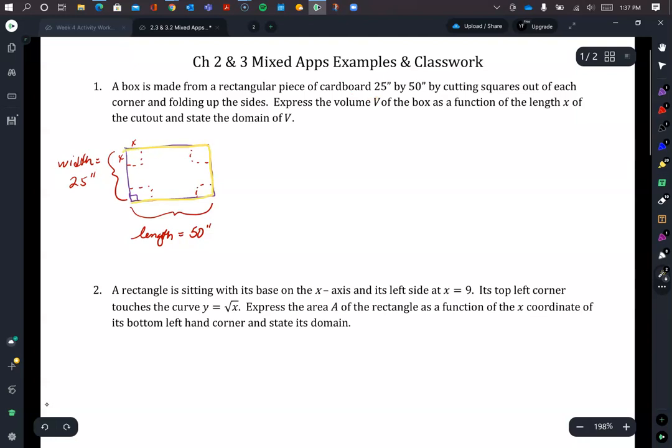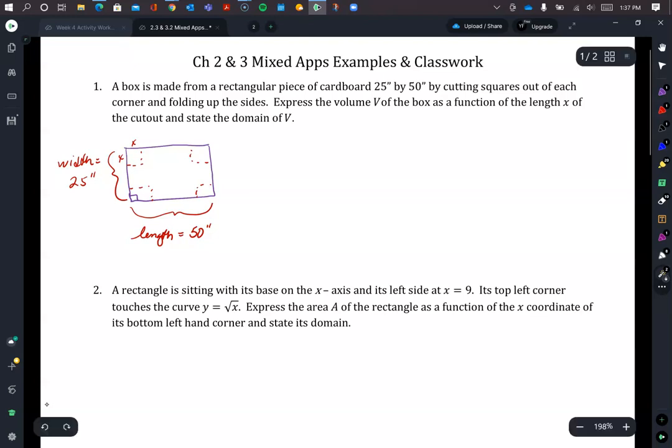Originally, here's my rectangular layout. And then we're going to take a little bit of each corner, x. We don't know how much, it could vary. We're going to see how we could just make a function, and then later on, like in your calculus classes, you're going to optimize that.